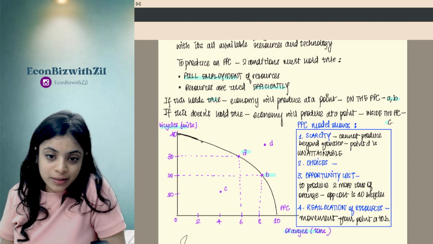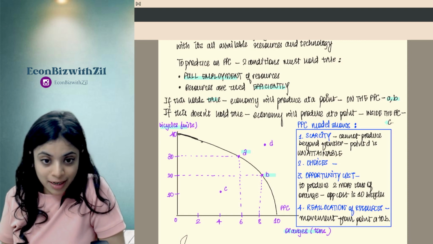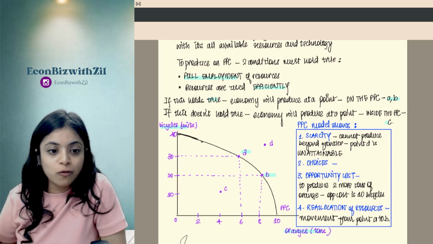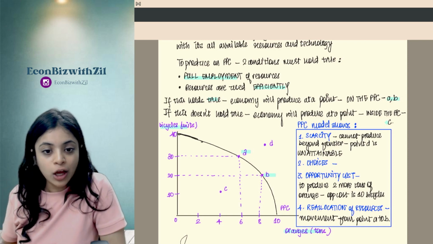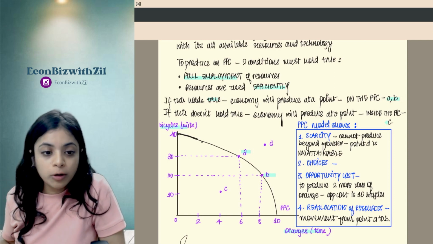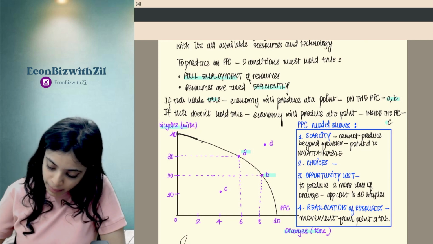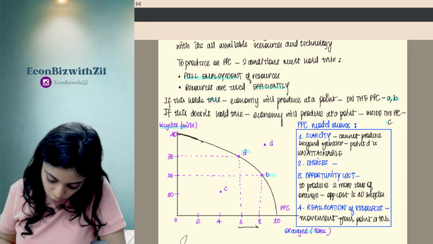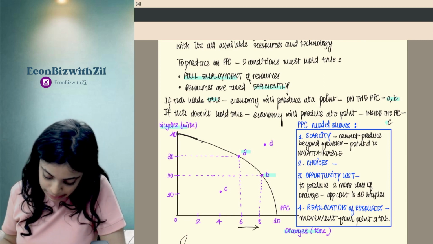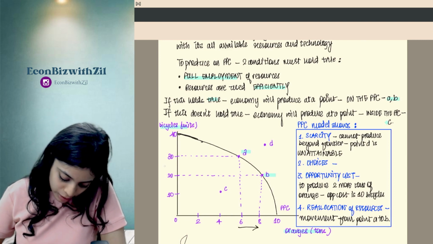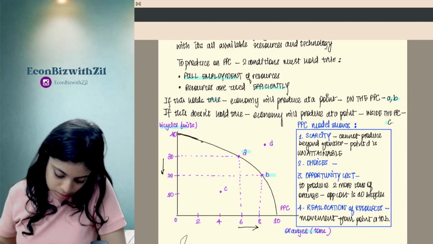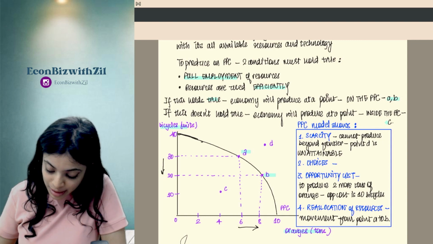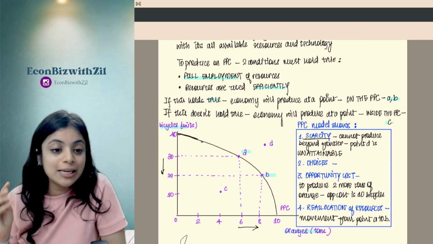Next is choices. Now you can make bicycles and oranges, and if you want to function on the PPC, you have to choose what you want to make more of. If I want to produce more oranges, going from 6 to 8, I will have to give up bicycles. That's when choices need to be made, because there is scarcity and only limited resources.